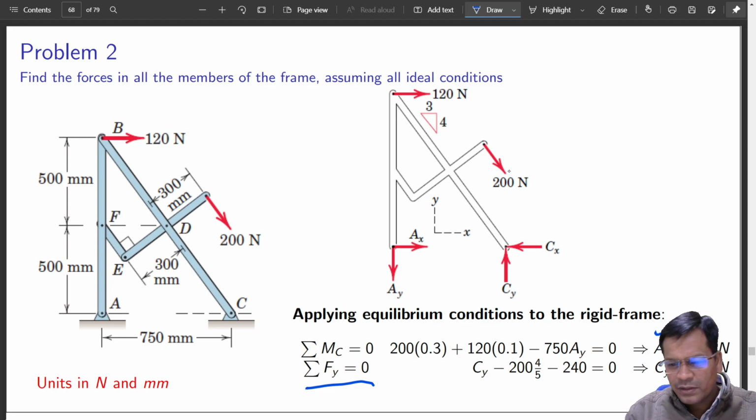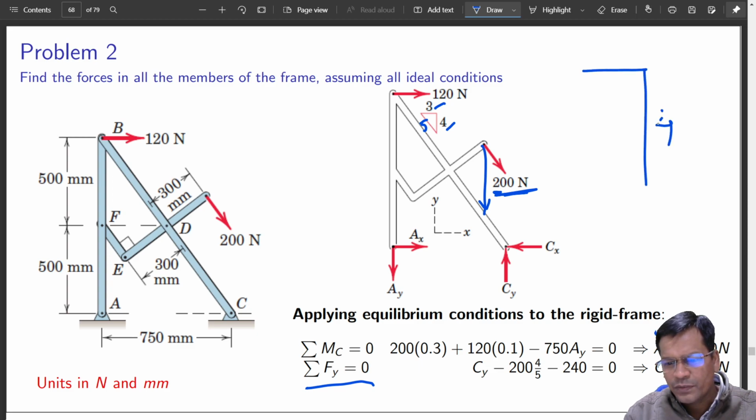There is one force that is going to create a component along this direction. How much should this be? It is 4/5. It is 4, this is 3, this should be 5, is it not? Do you agree? Okay, this is 4, this is 3, this should be 5. That is the reason it is 4/5 times of this.